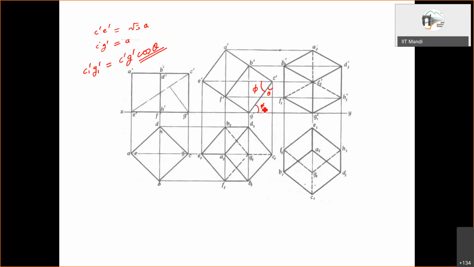It comes out to be, I guess, 35.26 degrees, and you can also work it out if you want. So this cos 35.26 fraction is to be multiplied by the actual length to obtain the reduced length.